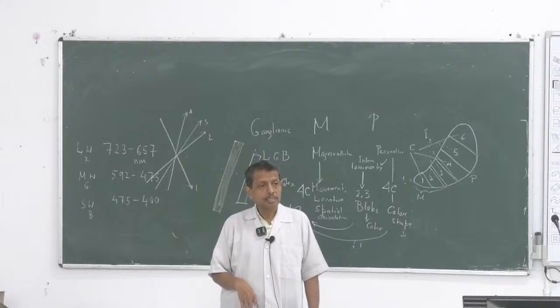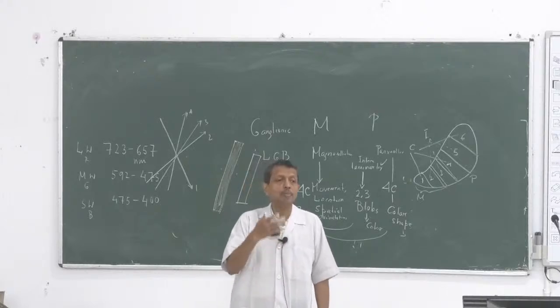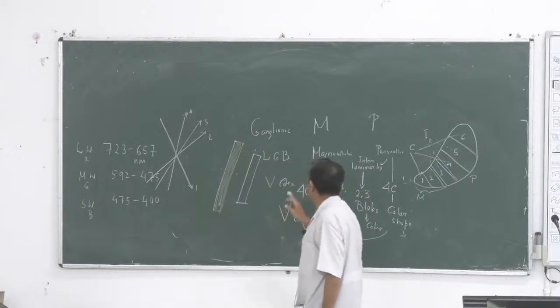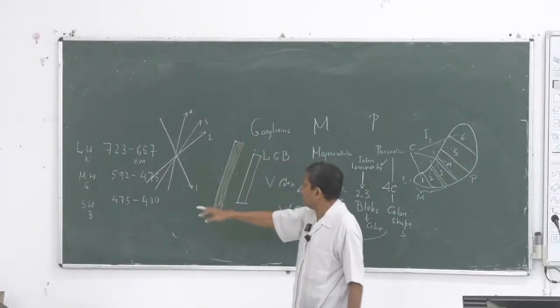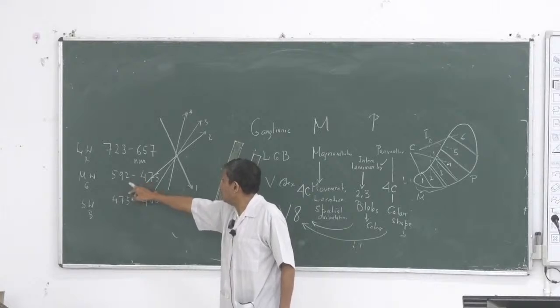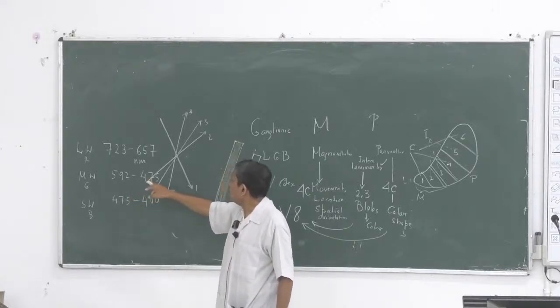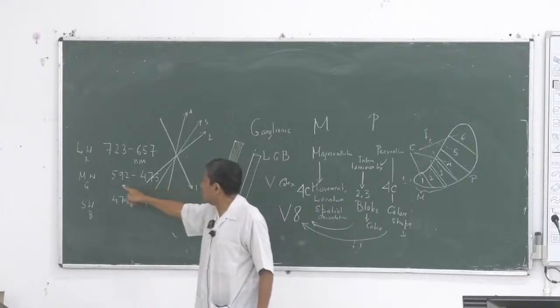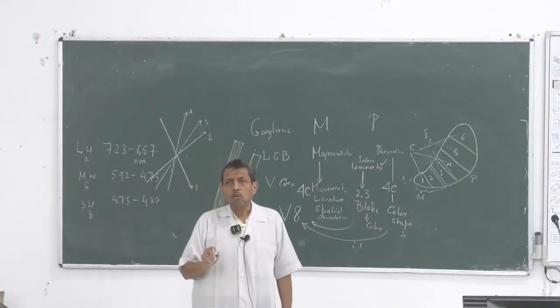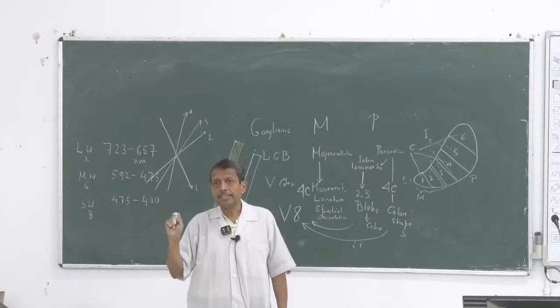Rayleigh mix is the term. In normal individuals there is the yellow color, the peak at the middle level, but it is extended to the red side.